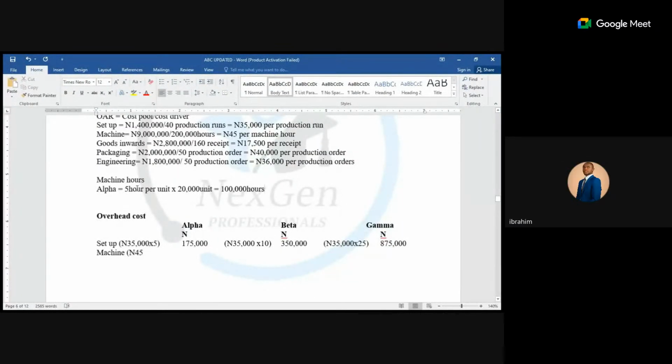Why is it like that? You are multiplying, class. You need to understand this because this is how we'll be doing it as we move. This is 5 hours per unit, meaning that to produce 1 unit they will use 5 hours. If they produce 20,000 units, the total hours will be 20,000 units times 5 hours per unit.